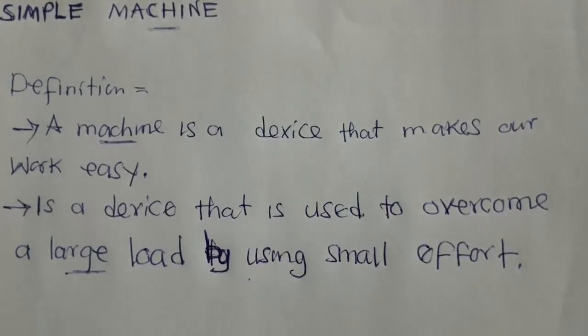This is one of the definitions that you need to keep. By just using a small amount of effort, you can overcome a large load. I want you to understand this.